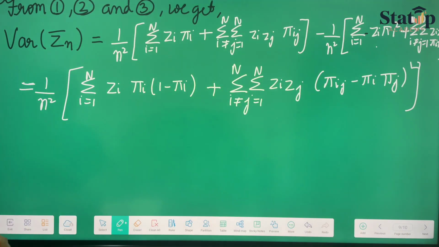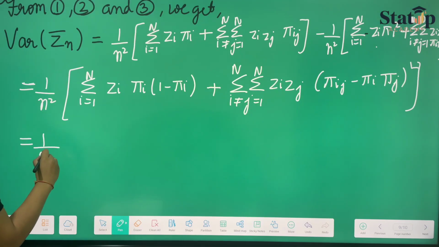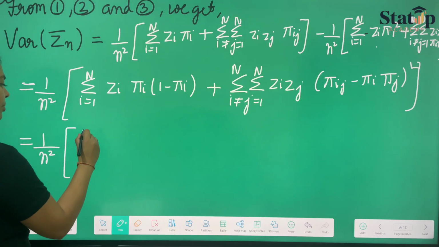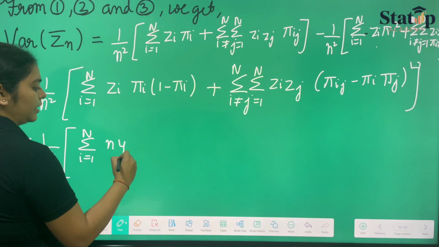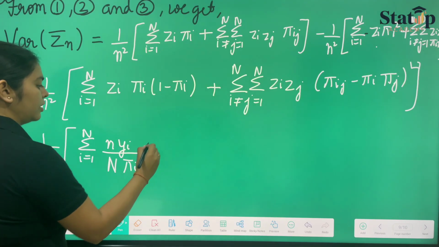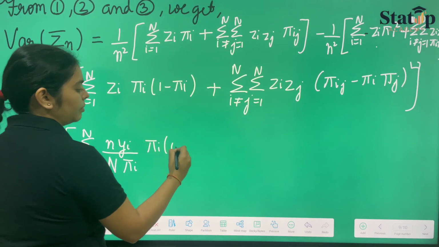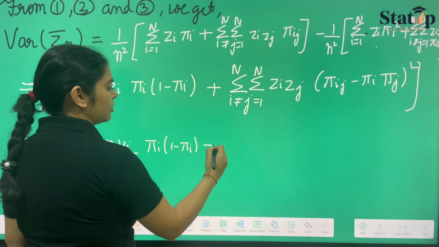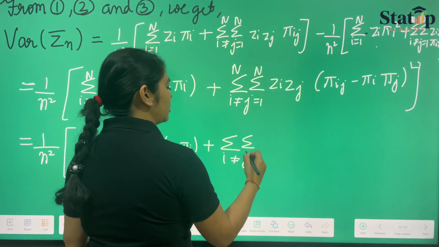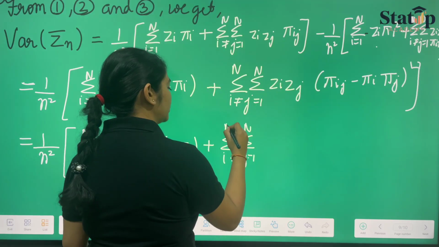Now zi was nothing but small n into yi upon capital N into πi. So opening the zi's and zj's, we will be getting summation i goes from 1 to capital N, yi upon capital N πi into πi (1 minus πi), plus summation i not equal to j goes from 1 to n.